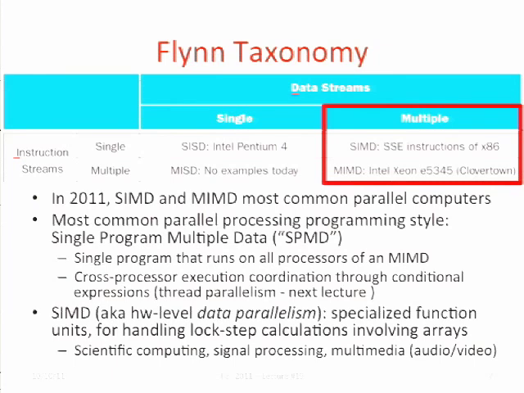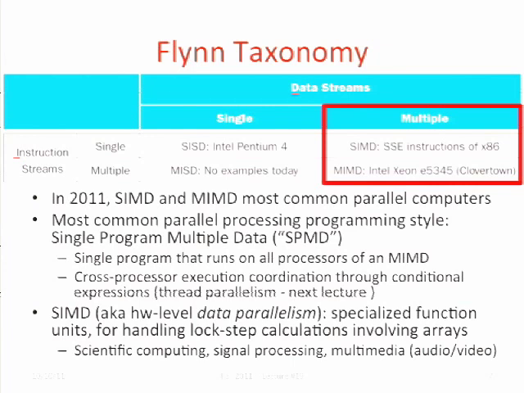I'll show you examples of all this. The key takeaway from this Flynn taxonomy, and I'm going to walk you through each of these boxes, is that you can have multiple data items at a time, and you get hardware parallelism that way. You can have multiple instructions running at the same time, and you get hardware parallelism that way. And then you get these different combinations.